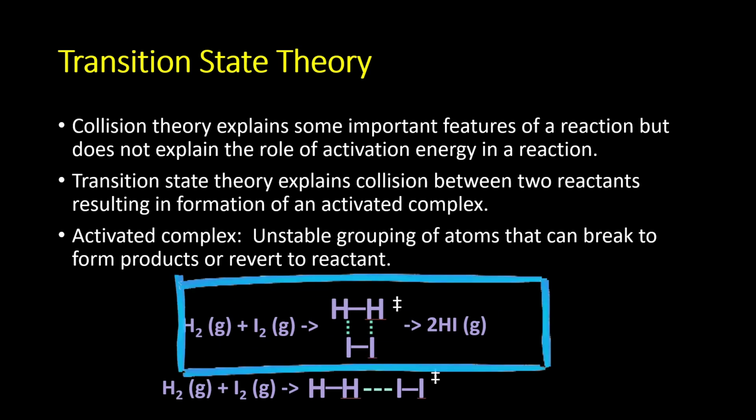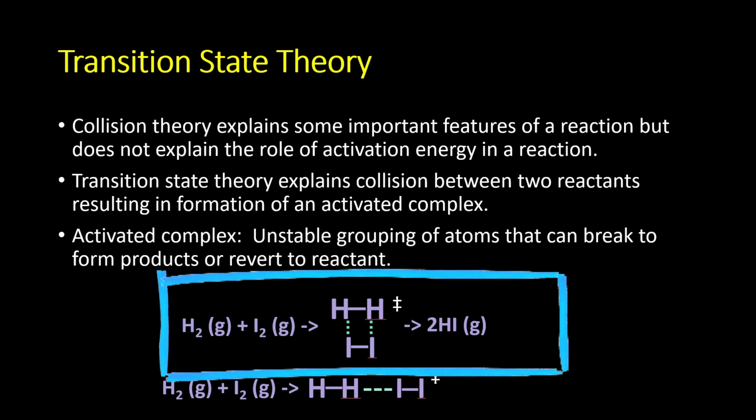For example, in the reaction between hydrogen and iodine molecules, if the reacting molecules collide with energy equal to or greater than activation energy and have correct orientation, this activated complex will be formed. Since it has correct orientation, the activated complex will break to form the product hydrogen iodide.